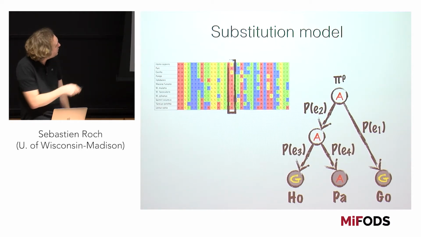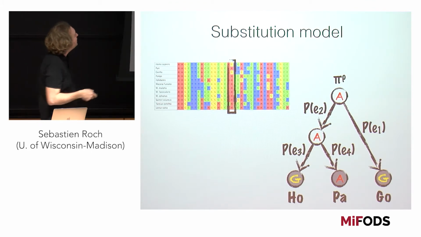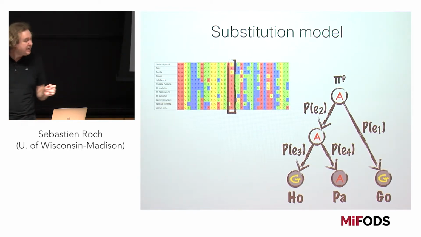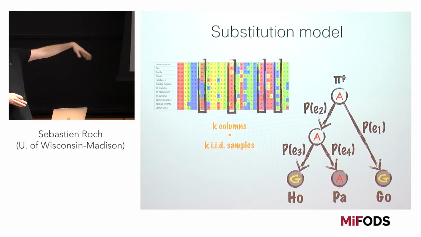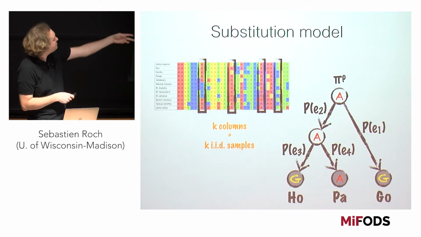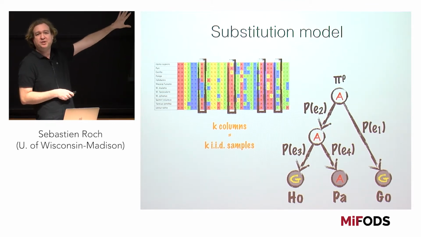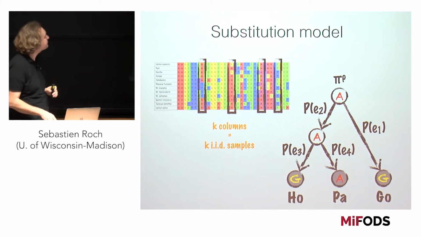Eventually I get a letter for each of my contemporary species, which are the leaves of my tree. And that gives me my columns. These are the first 3 rows of these columns. But then I'm going to imagine that each position in my DNA is just a bunch of independent samples from the same model, the same tree, with the same parameters. And so I just get k IID columns that are generated by this process. And my goal is to recover the tree and potentially estimate the unknown parameters on the edges.